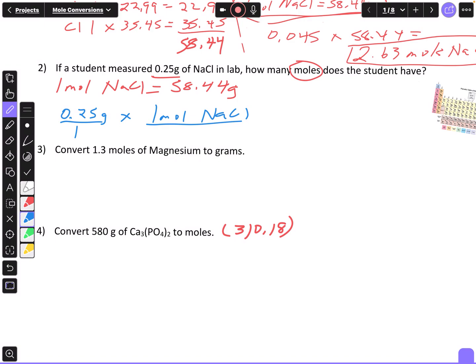I need to put the 58.44 grams on bottom. That way my grams will cancel. And now it's 0.25 times 1 is 0.25 divided by, you need to multiply everything on bottom, 1 times 58.44, so that's going to be 0.25 divided by 58.44.